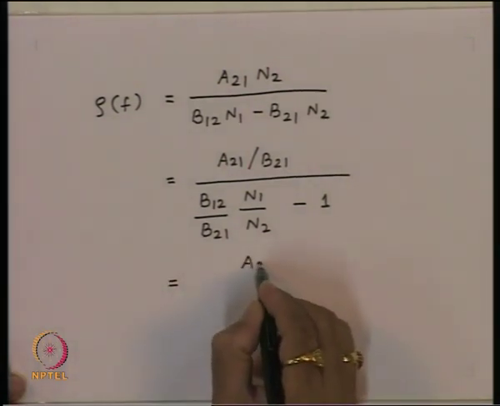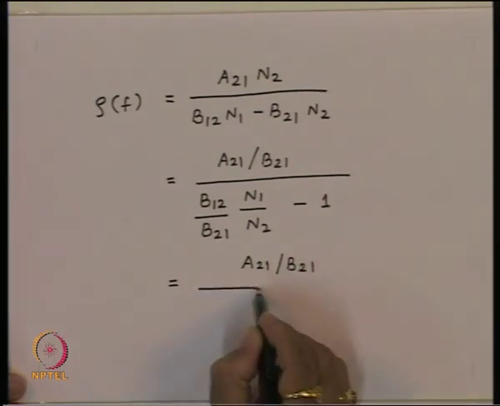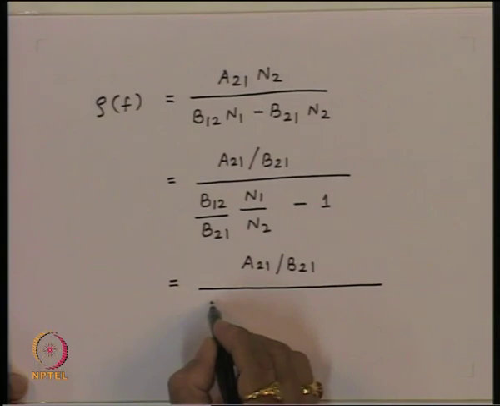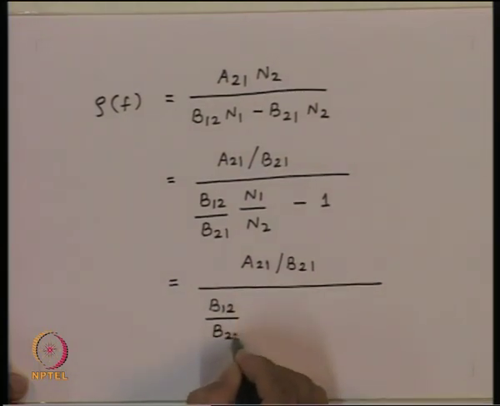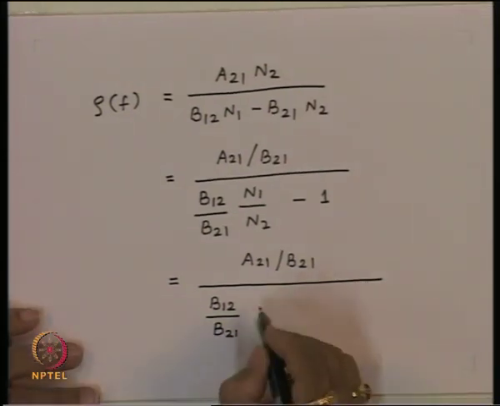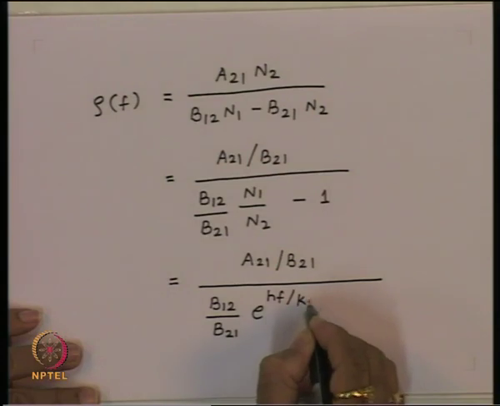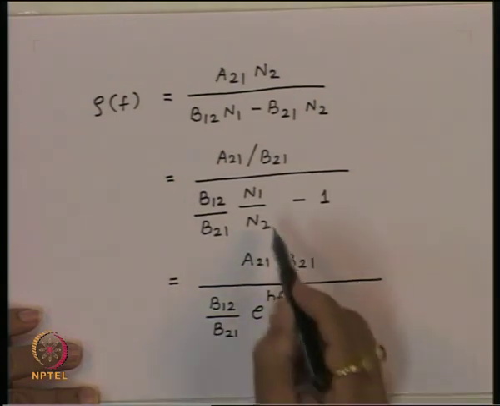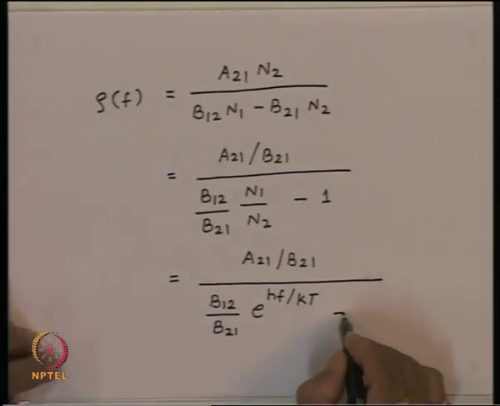So, we got the photon flux density at thermal equilibrium, which is given by A21 upon B21 divided by B12 upon B21 times e to the power hf upon kT, that is N1 upon N2 from the Boltzmann distribution, minus 1.